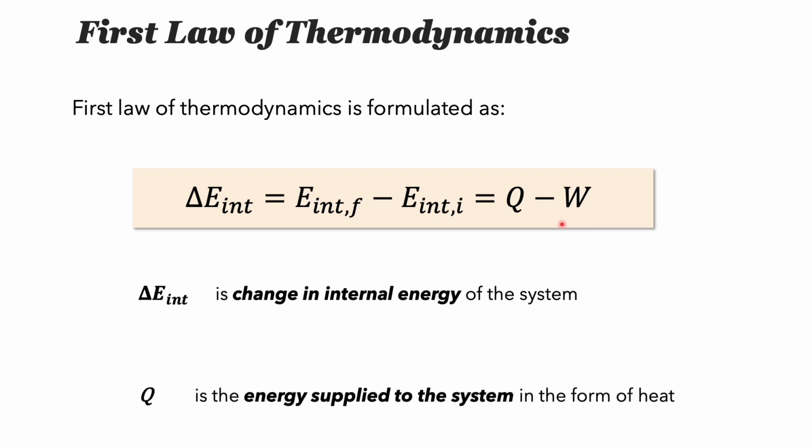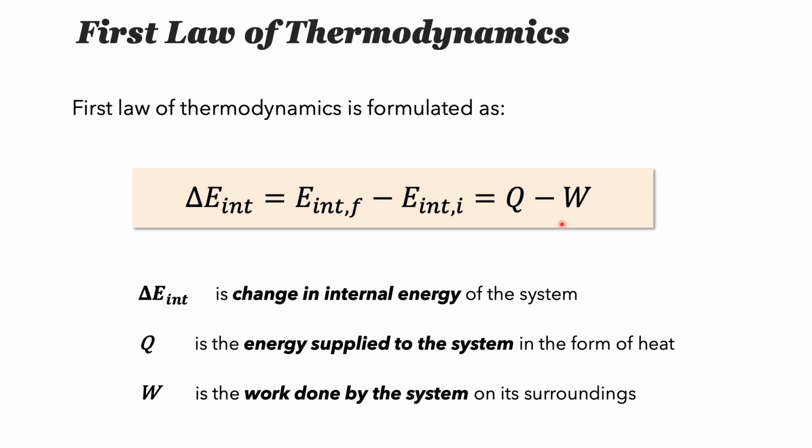So, when energy is supplied to the system and the system does work, some of the energy will be converted into work, and the leftover energy will cause a change in the internal energy of the system.